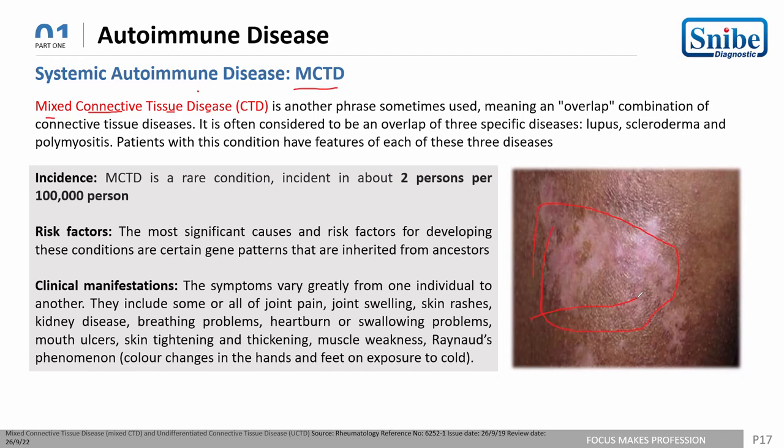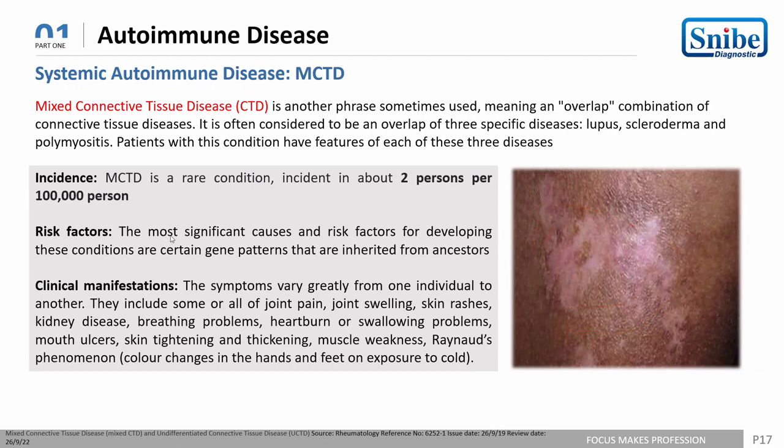These are typical examples of the clinical findings of mixed connective tissue disease, along with other clinical testing. The most significant risk factor for developing this condition is the gene pattern, which is inherited. So this is a genetically based autoimmune disease, and through this process patients have different clinical findings and issues.